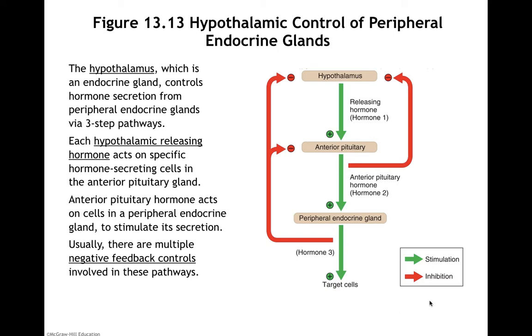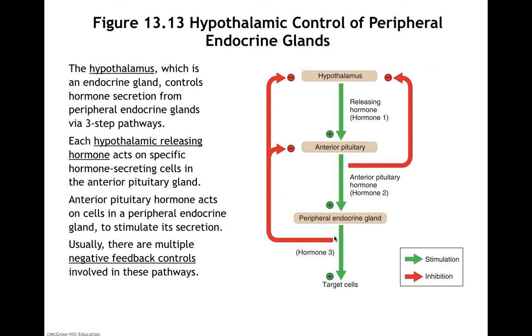So for example, over here we see the hypothalamus releasing a hormone. It acts on the anterior pituitary. The anterior pituitary releases a hormone, and that hormone works on a target peripheral endocrine gland, causing that gland to release a hormone that acts on its targets.